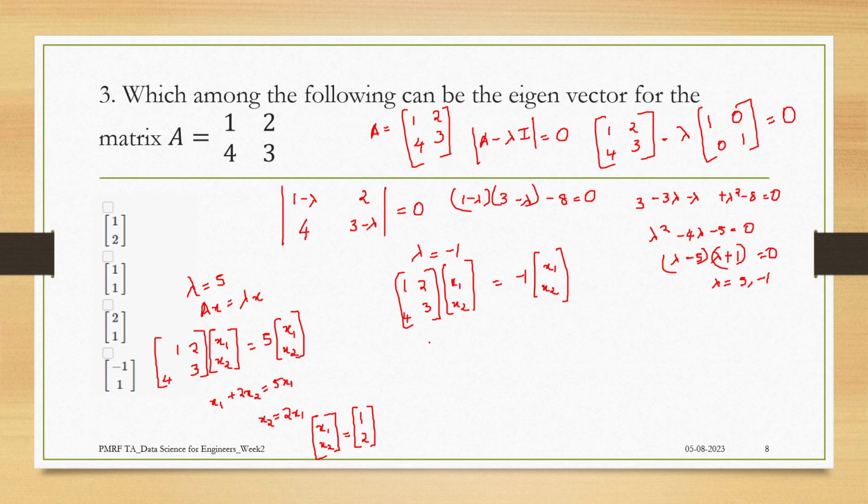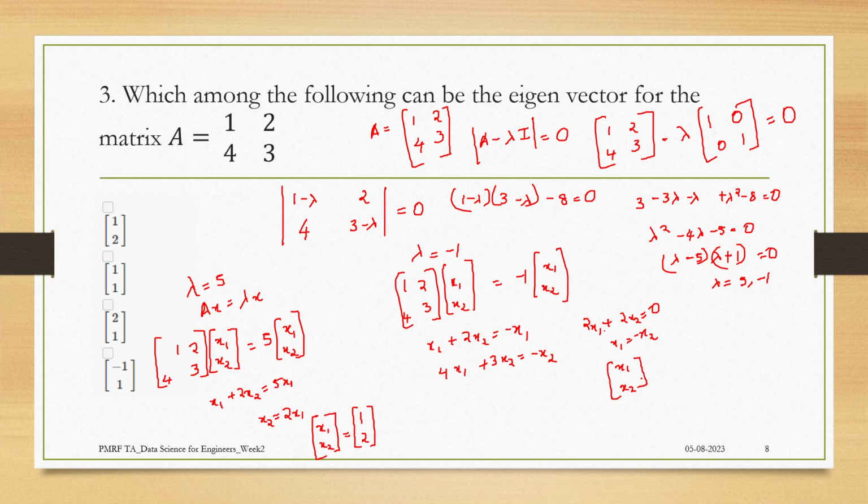So x1 plus 2x2 equal to minus x1, and 4x1 plus 3x2 equal to minus x2. Here you will be getting 2x1 plus 2x2 equal to 0. That means x1 is equal to minus x2.